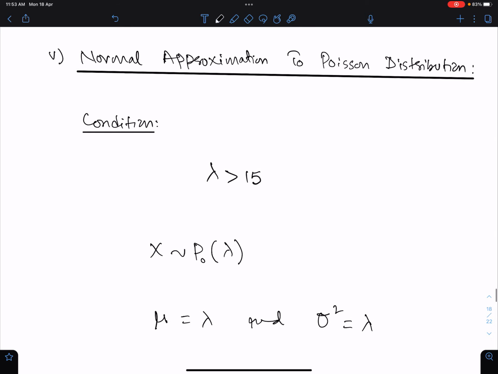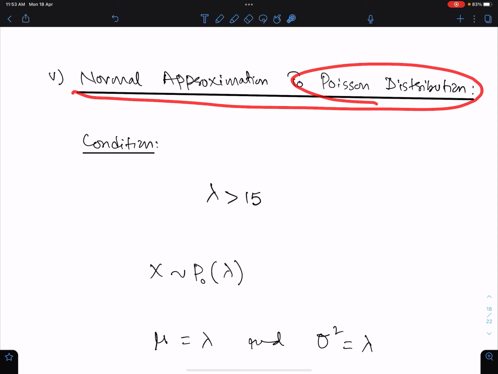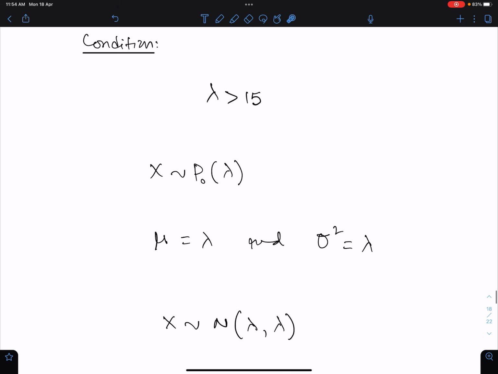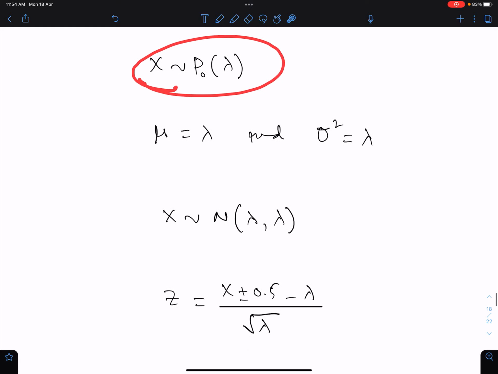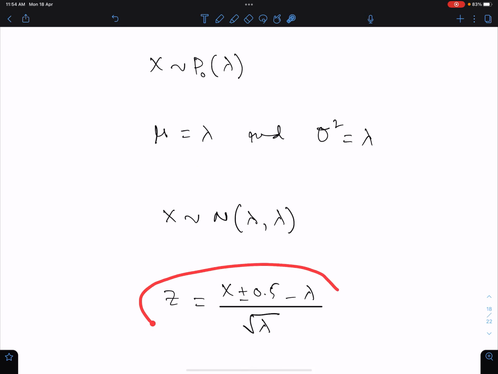Number 5, normal approximation to Poisson distribution. We do this when lambda is greater than 15, and this is the condition of normal approximation to Poisson distribution. See, X follows Poisson with mean lambda, so mu is lambda and sigma square is also lambda. So X is approximately normal, and you have to do continuity correction here.